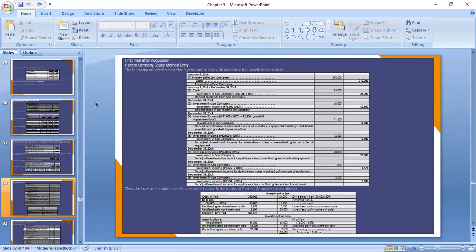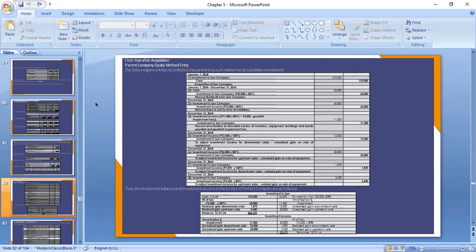Under the equity method, take note that we debit investment, credit cash. Then for dividends, debit cash, credit investment. For the share in net income, debit investment, credit investment income. For share in net loss, we debit loss from investment and credit investment in Sun.